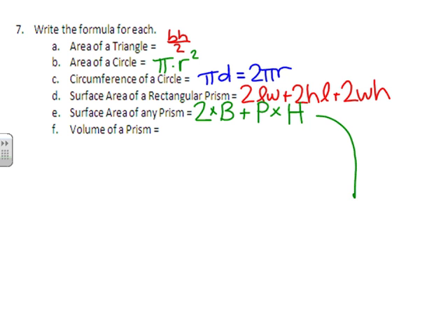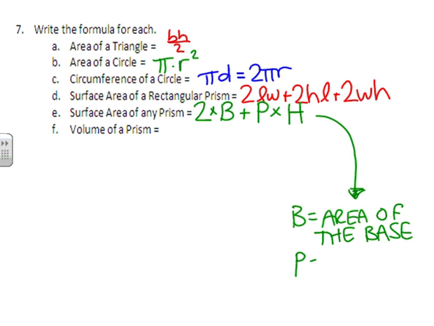I'm going to write these out down here so that it's really clear what they represent. B is area of the base. P is perimeter of the base.